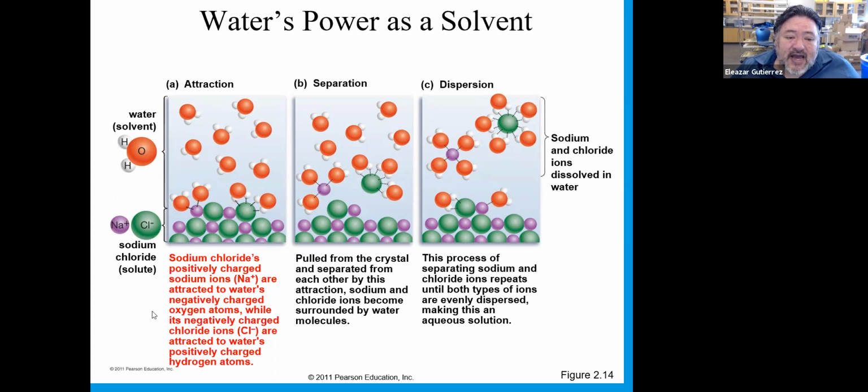Imagine if we did not have a solvent powerful enough to separate sodium from chlorine or sodium from potassium. We would not be able to function. How is water able to do this? By the fact that it is a strongly polar covalent bond. The polarity of water is what allows it to separate negatively and positively charged ions away from each other.